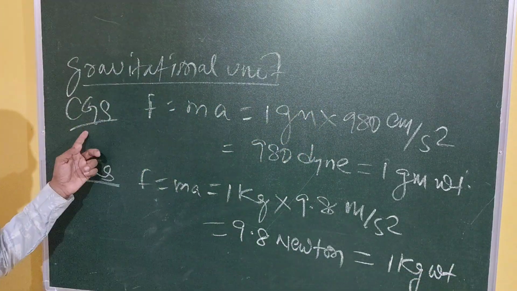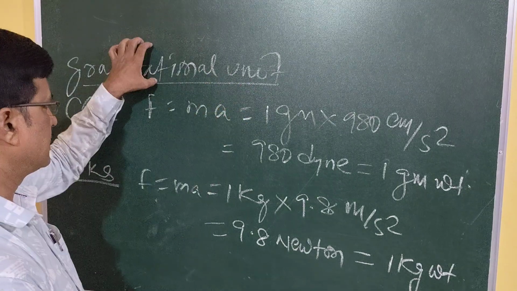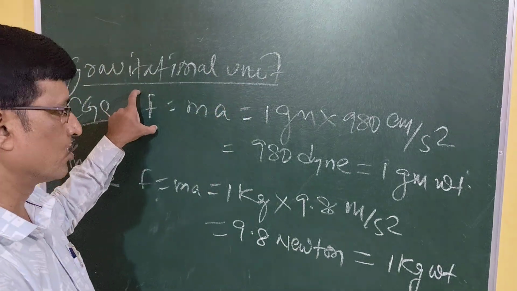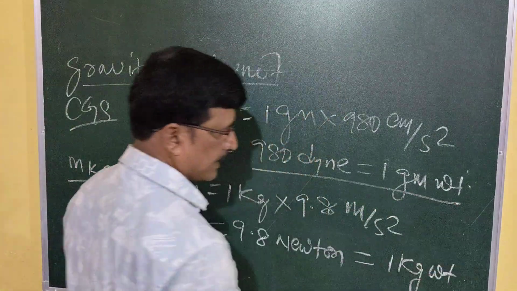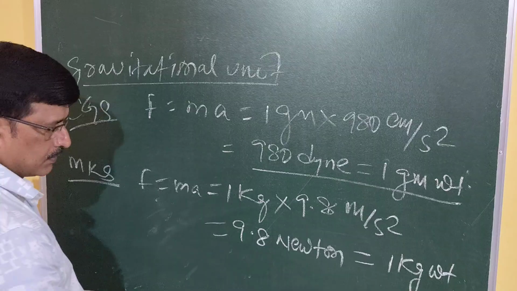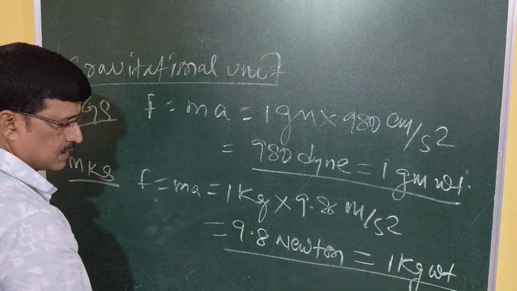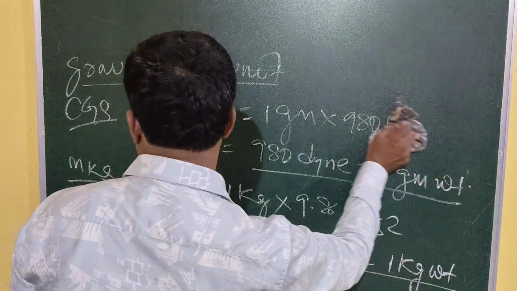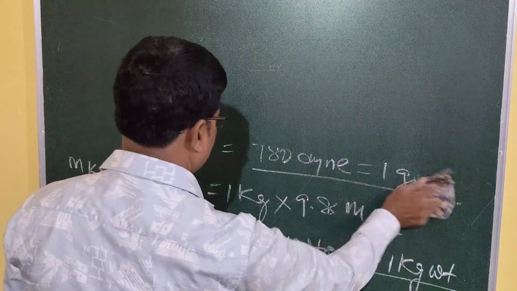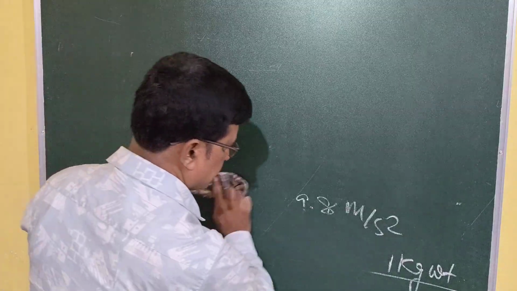So in the CGS system, force is 1 gram weight, equal to 980 dyne, or in the MKS system, 1 kg weight, equal to 9.8 Newton. So this is all about our second law of motion.